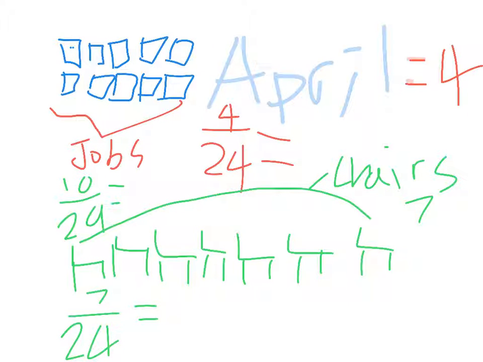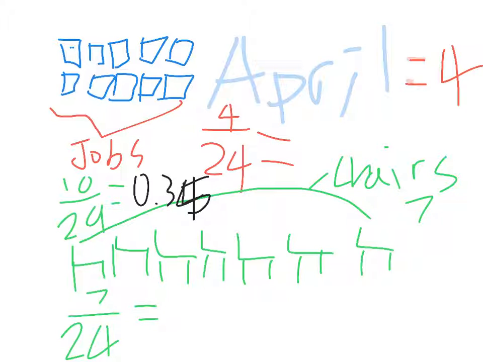Today we're going to look at 3 different real life examples. So first one is jobs. We have 10 jobs in our classroom. So that is 10 out of 29. Let's change that into a decimal, which is 10 divided by 29 equals 0.35.